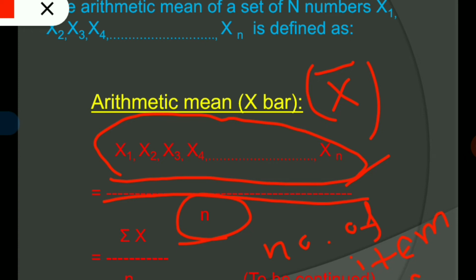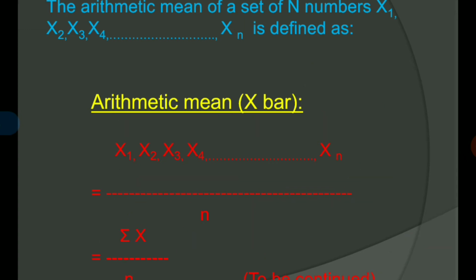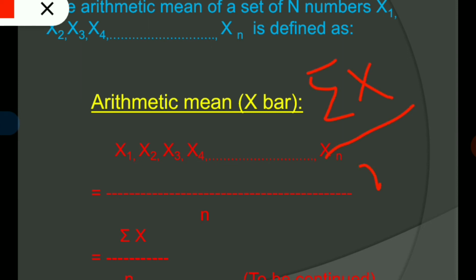So arithmetic mean, or x bar, equals summation, this sign denotes the summation, x divided by n. Clear? This is the formula of arithmetic mean: x bar equals summation x divided by small n. Okay.